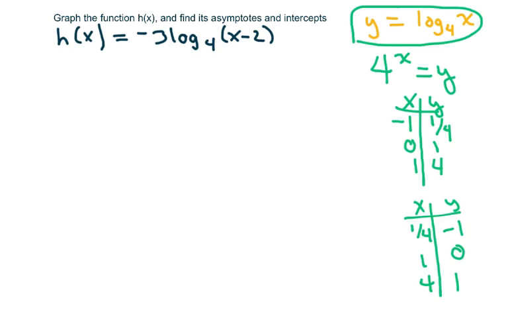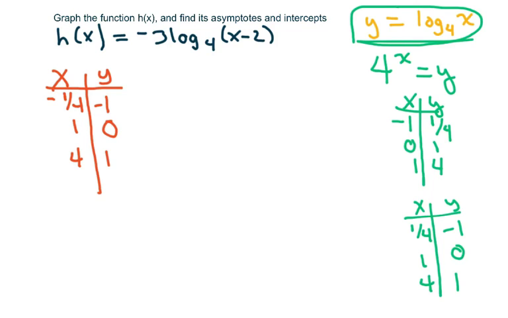Okay, so that would be based on this part. So my new table is x, y, and I would plot this just for the basic. Then after that, we're going to transform this.